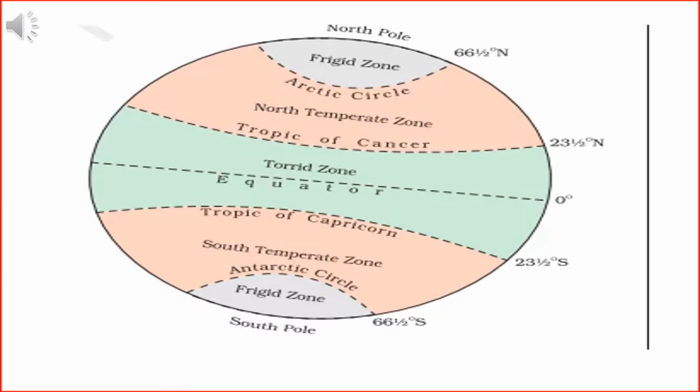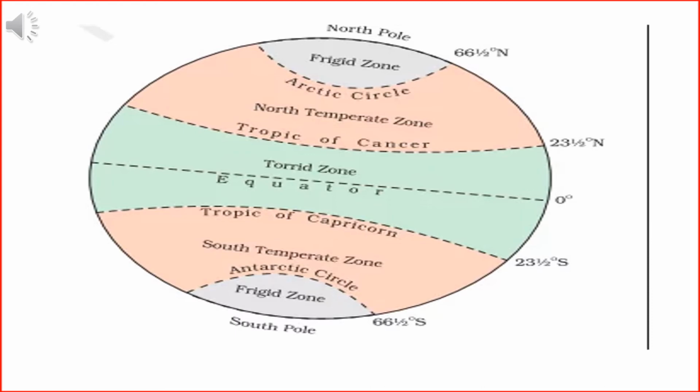This picture will give you the full idea of the parallels of latitude. Now students, you can see that 0 degree, the equator, is the line that runs east to west. At 23.5 degree north, that is north of the equator, is the Tropic of Cancer, and the line that runs at 23.5 degree south, that is south of the equator, is the Tropic of Capricorn.